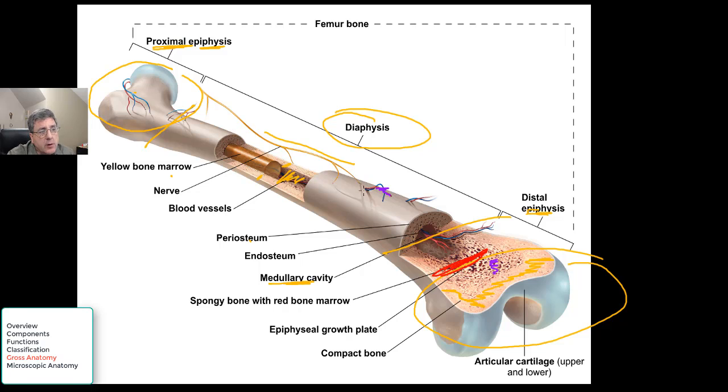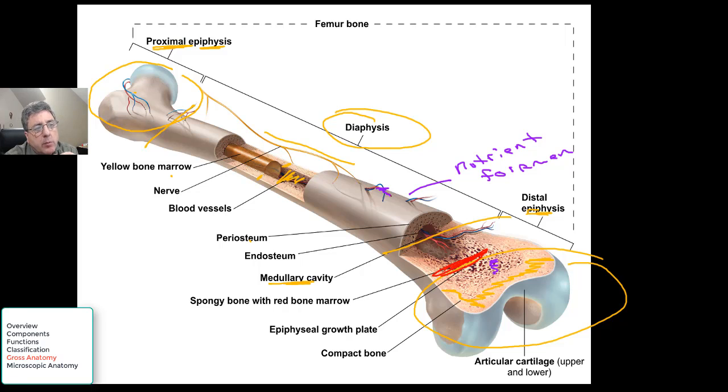But those blood vessels will enter into the bone through what's called a nutrient foramen. Okay, so those holes will be a nutrient foramen. And if you recall from the table that I told you, you had to learn certain terminology. A foramen is essentially a hole. So this is a nutrient hole in this one.